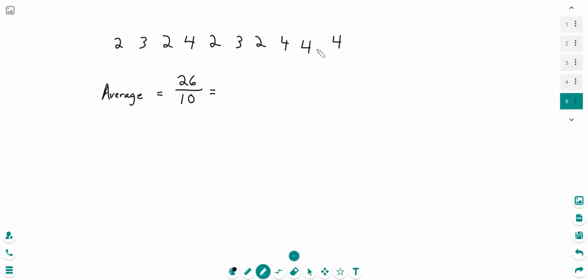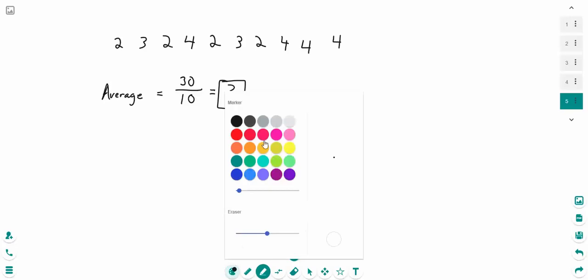We'll make those 4s. And if I do that, I have 12, 14, 17, 19, 23, 25, 28. Yeah, that gives me 30. So if I add all that up, I get 30. Still the same number of numbers. So I have 30 divided by 10. So my average is going to be 3. There. Just makes it a little bit nicer for this particular problem.